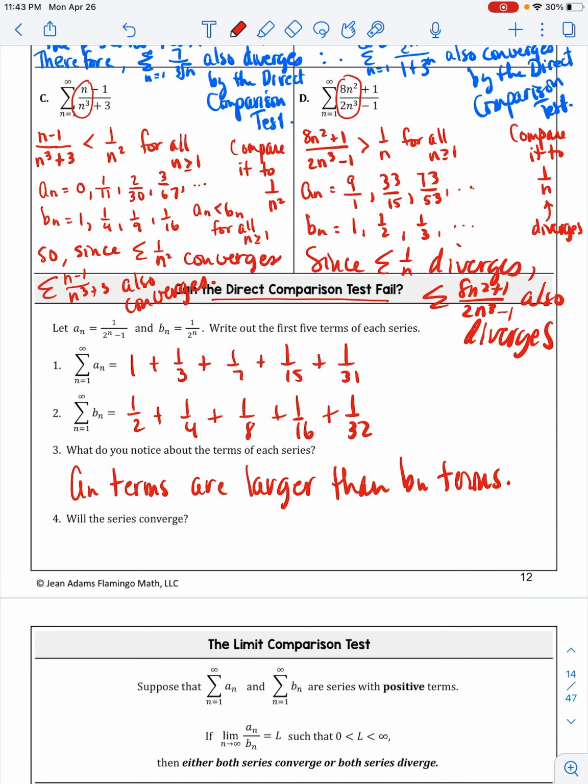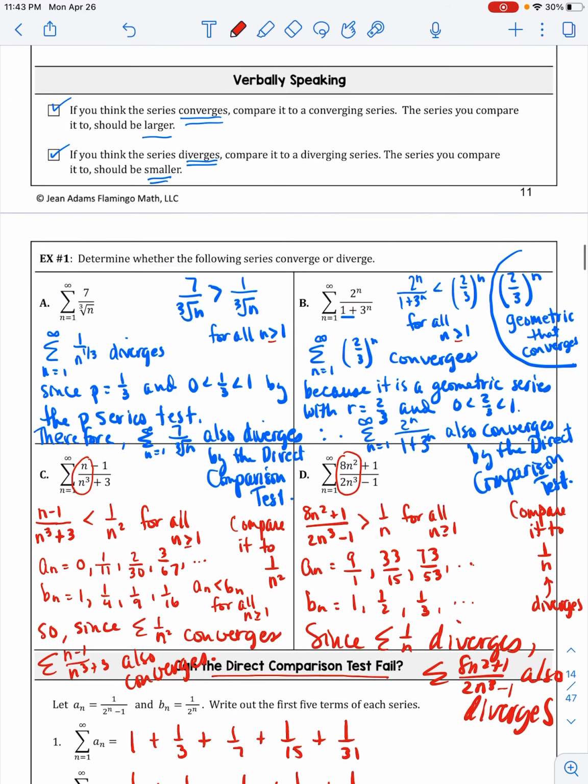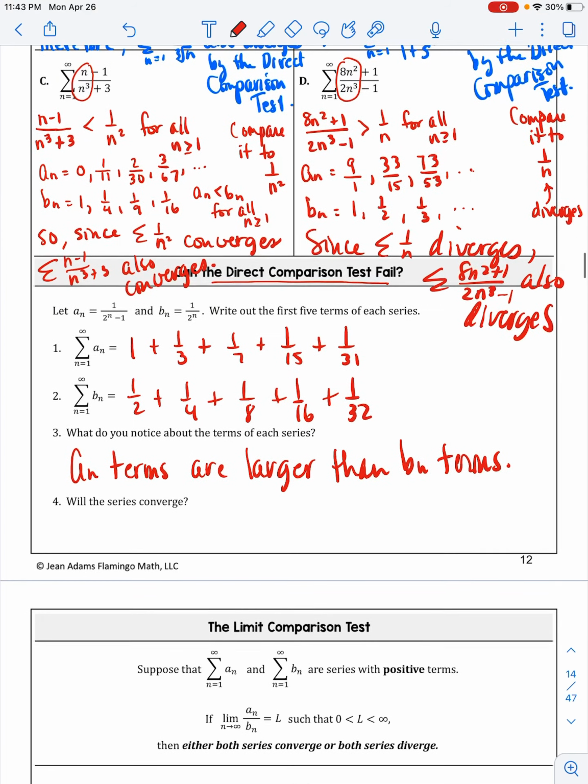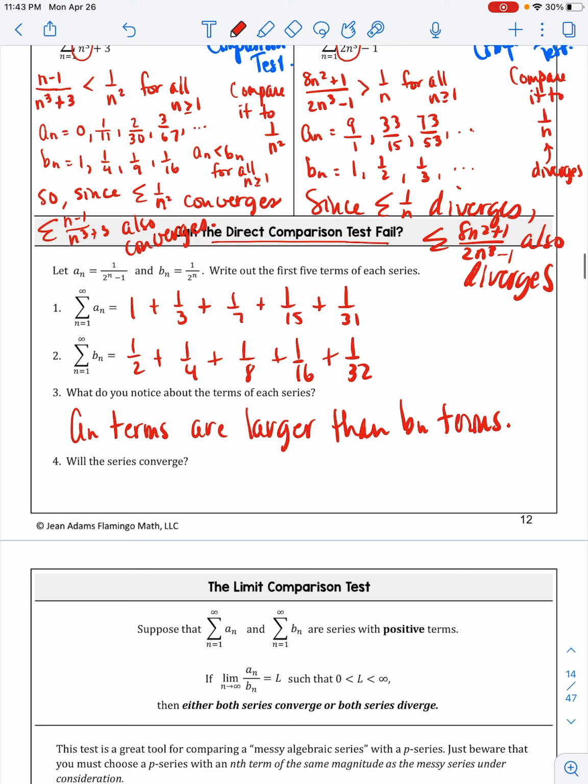So, when we look at this, we know that b sub n converges. But remember what the rules said for convergence, that the series you're comparing it to must be larger. So this 1 over 2 to the n for this situation is not larger.